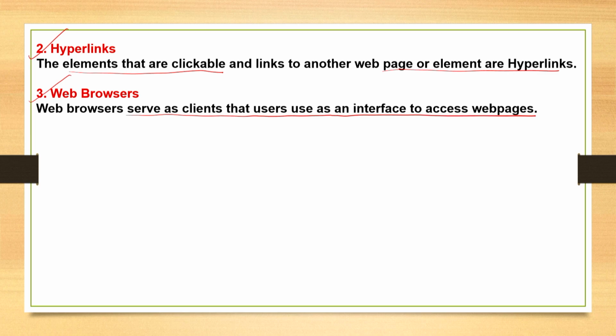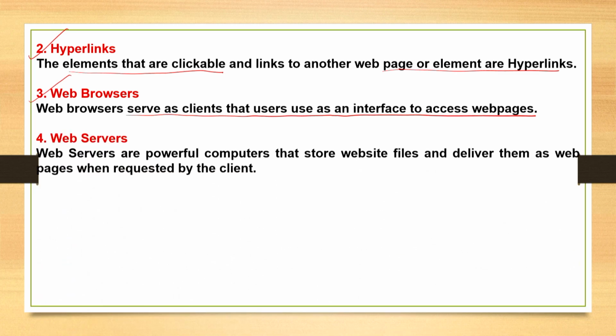There are various types of web browsers. First one is Netscape Navigator, then we have Microsoft Edge, Mozilla, Google Chrome, Opera Mini, these are the different types of web browsers.